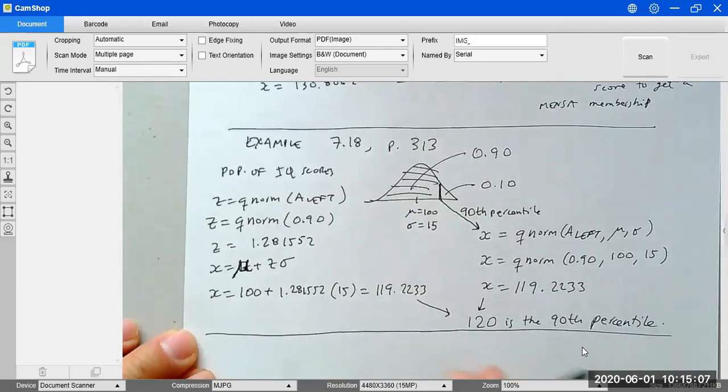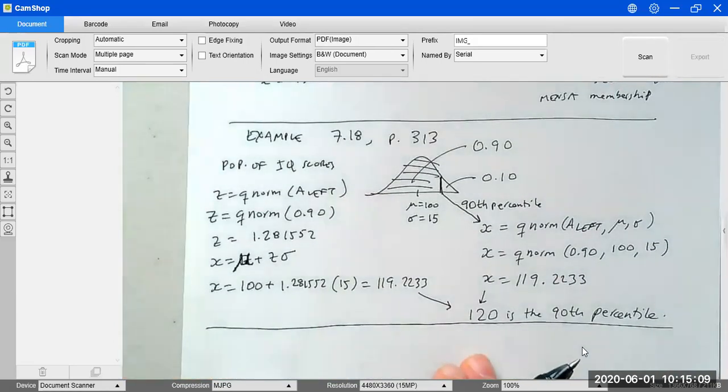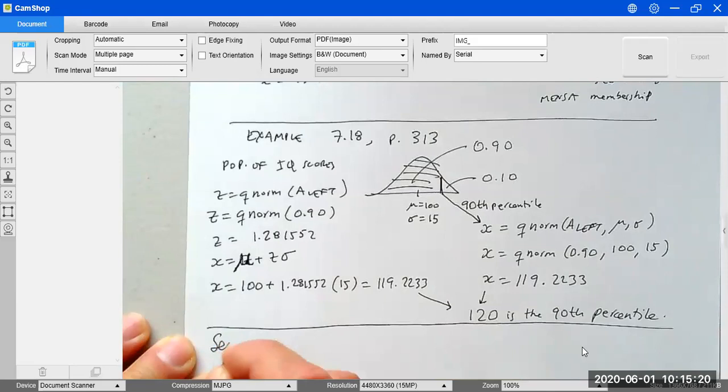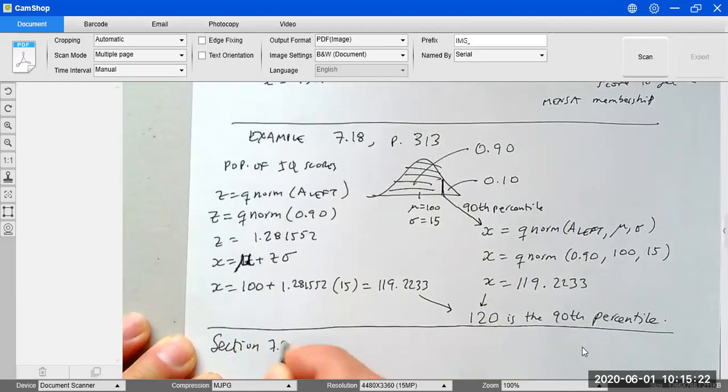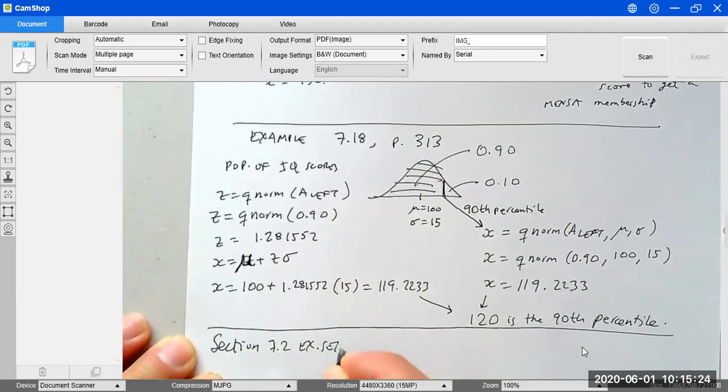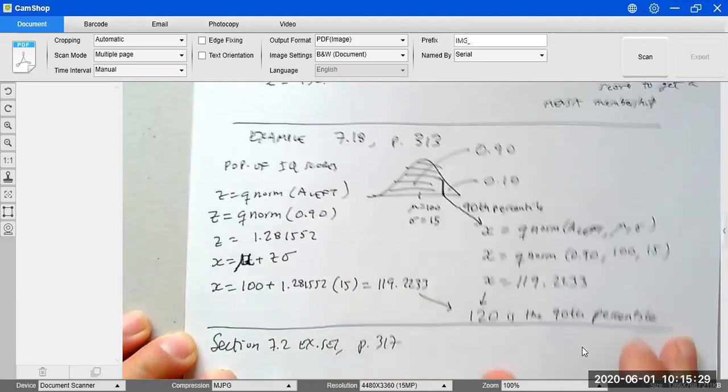Okay, so now assignments. We have only 4 problems. This is section 7.2 exercise set on page 317.